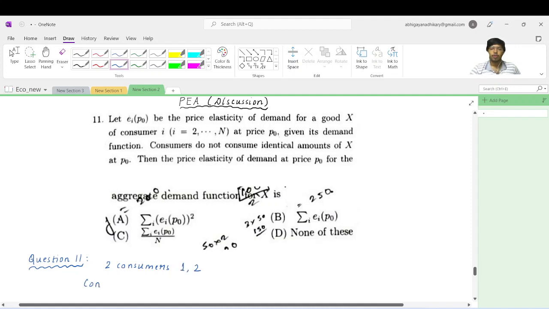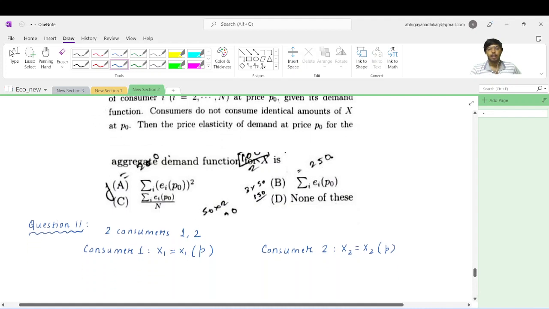For consumer 1, the demand function will be x1, which is a function of p. And for consumer 2, it will be x2, which is a function of p.